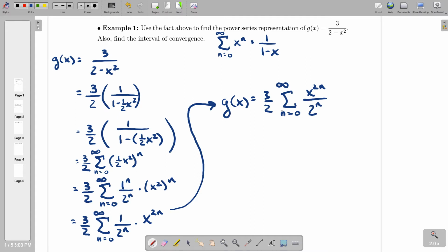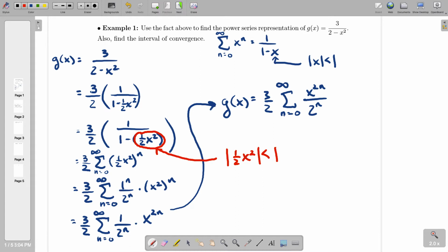Now there is one catch, right? So this original equality up here we know is only true when the absolute value of x is less than 1. So for the part that became our x, this part right here, we are going to need to ensure that the absolute value of that is also less than 1.